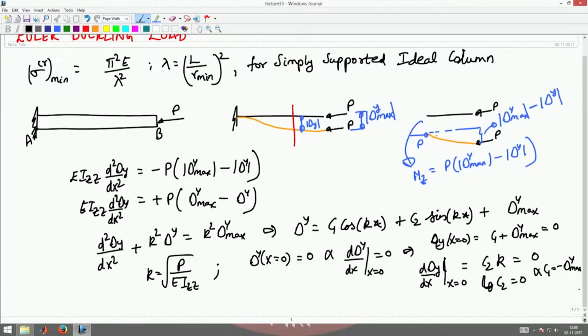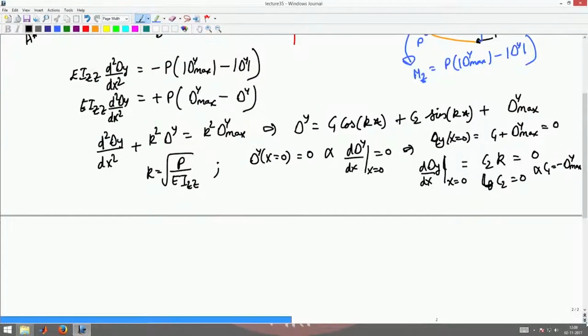Combining these, delta y is given by delta y max into 1 minus cos kx.